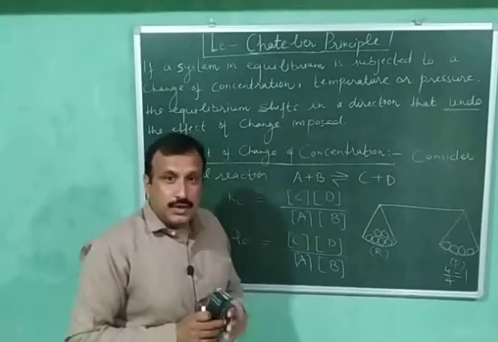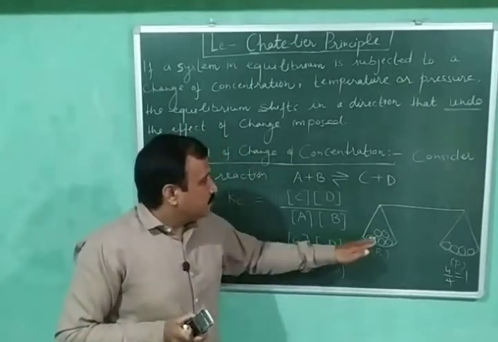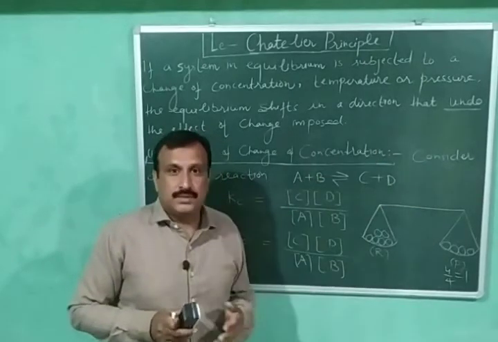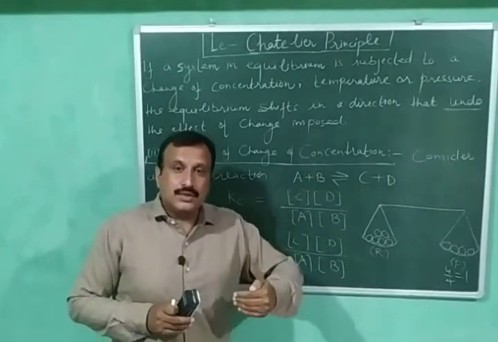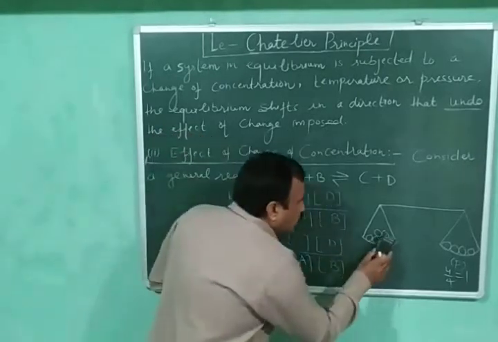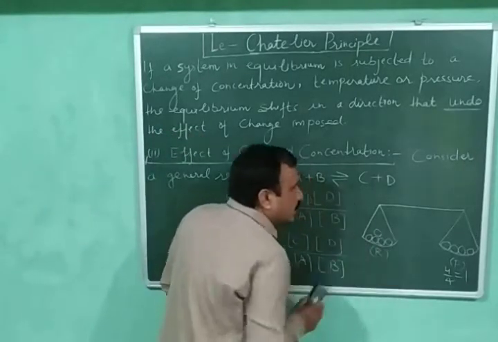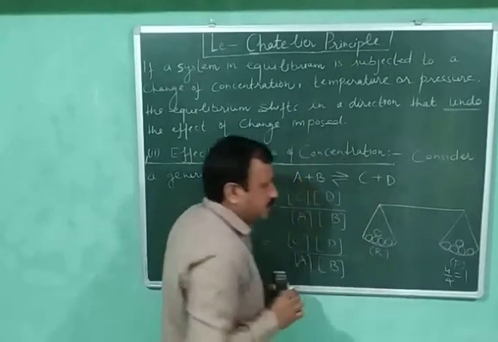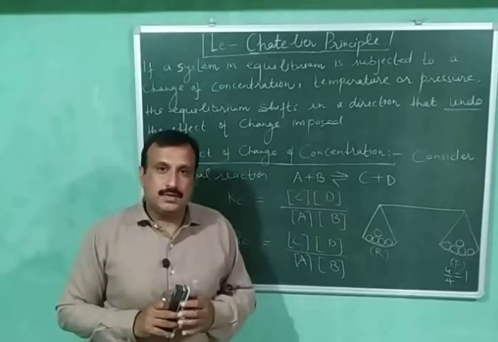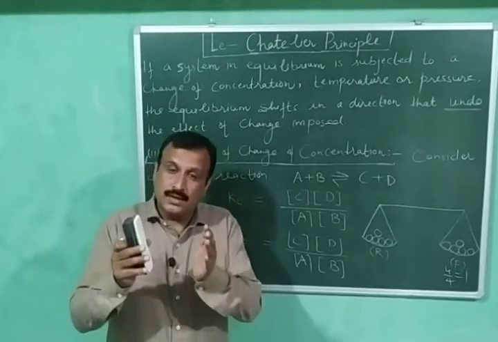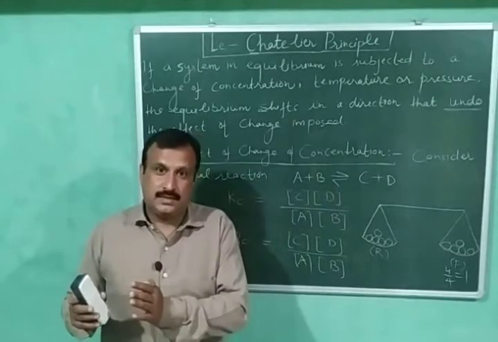Now the equilibrium will be disturbed and this compartment will go down and this compartment will move up. And to restore the equilibrium again, I will remove one ball from this compartment and place that ball in this compartment. Now each compartment is having 5 balls and the equilibrium will be restored again.